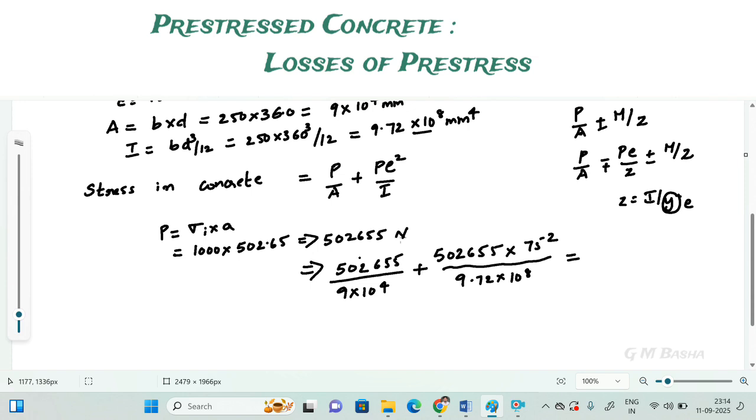So please simplify this value separately in the calculator. That one, you will get around 5.59, and again this value separately, that one will be equal to 2.91. So finally you will get 8.50 Newton per mm square.